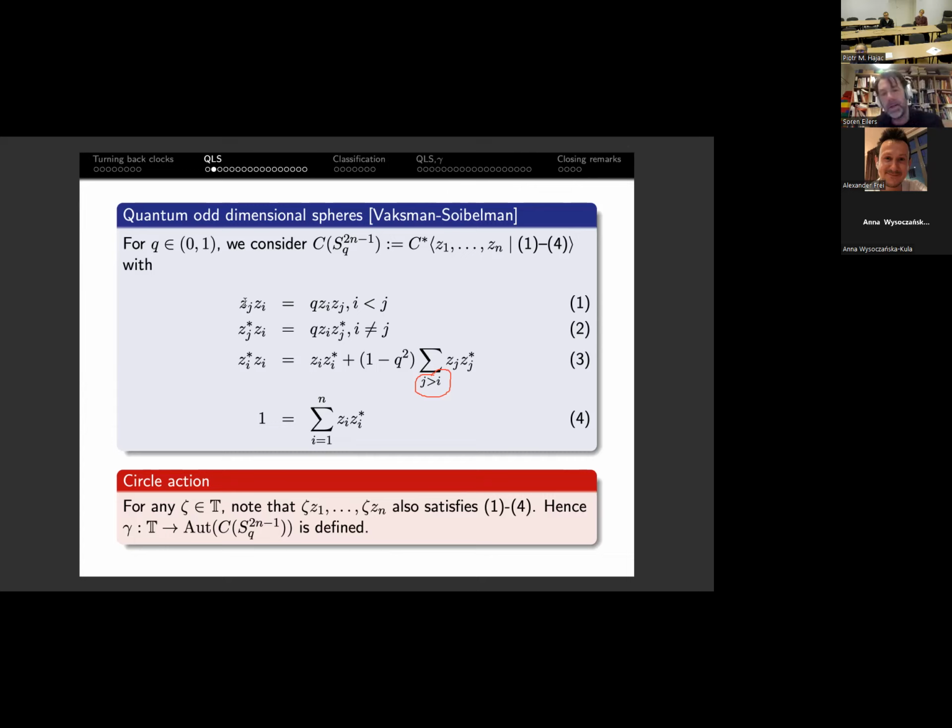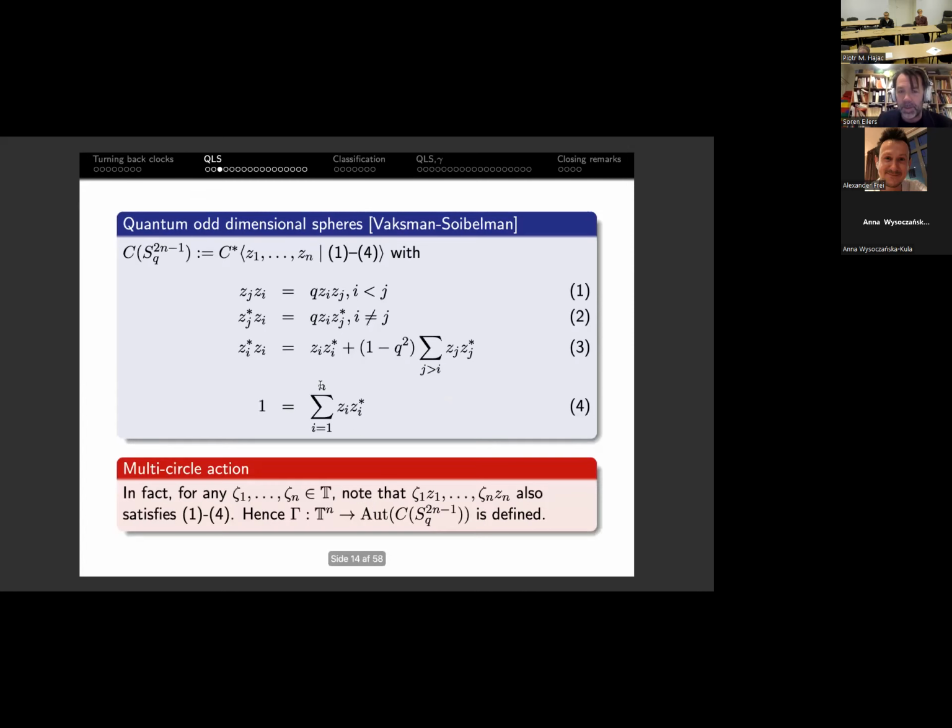I see. Okay. Yeah. So the next question is, of course, if you can do the quantum lens space. So that's the next thing I want to show you. So this may be a little bit harder. The point here is that I can do a sort of multi-circle action.